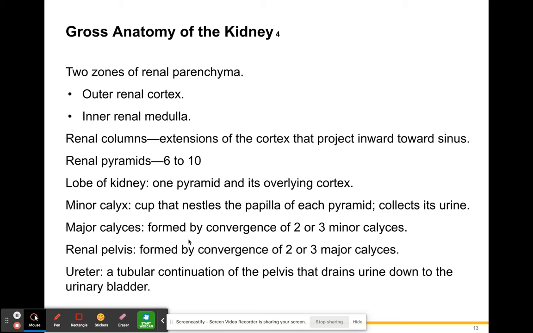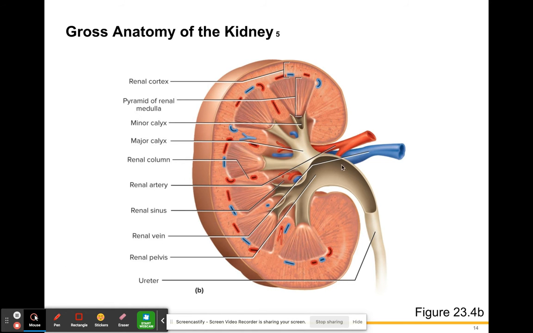The renal pelvis is formed by the major calyces. Here is our renal pelvis. You can see it here. So minor calyx, let me write this down for you. Minor calyx into a major calyx.